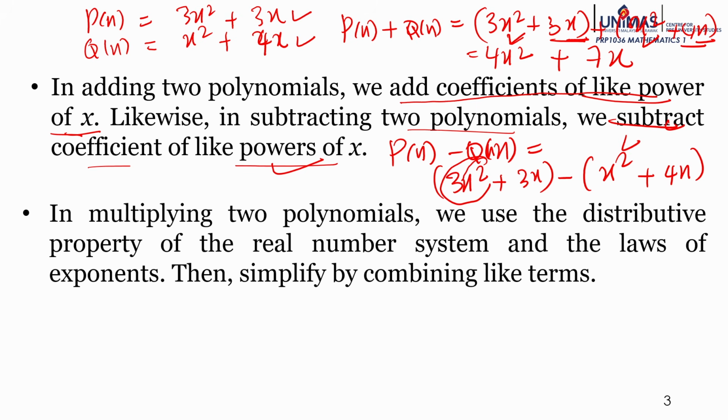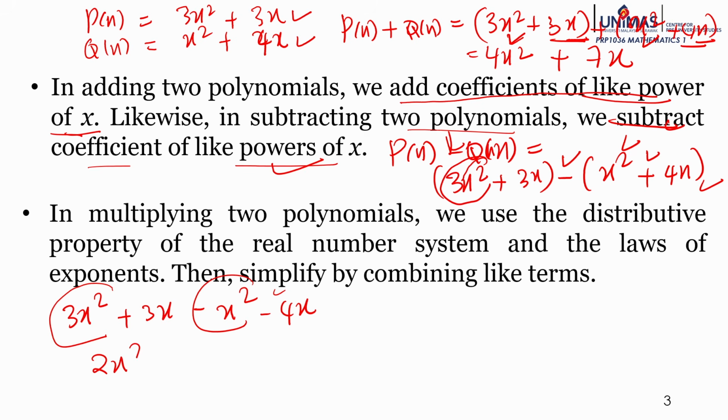For the subtraction, we have to be careful. Maybe we expand first: 3x squared plus 3x minus x squared minus 4x, because negative times positive is negative. So 3x squared minus x squared gives 2x squared, and 3x minus 4x means minus x. This is how to answer when we have a subtraction.